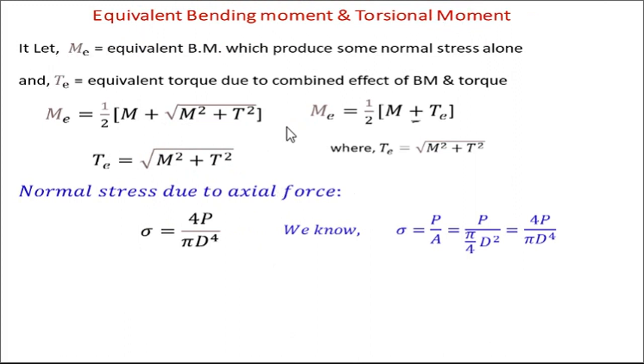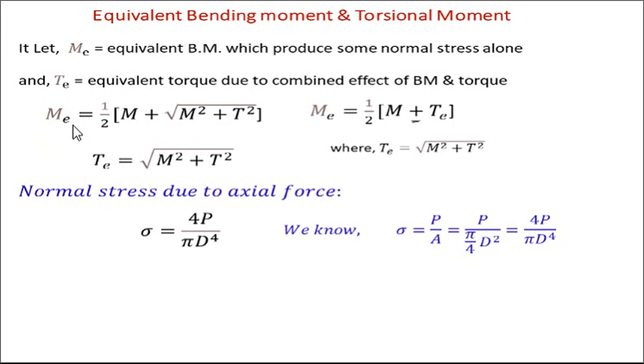The derivation of these formulas is available in the books also. But right now, see that Me is the equivalent bending moment which produces some normal stress alone, and capital Te means the equivalent torque due to the combined effect of bending moment and torque. The derivation is there, and if you require it, you can go through it, but right now remember the formula.